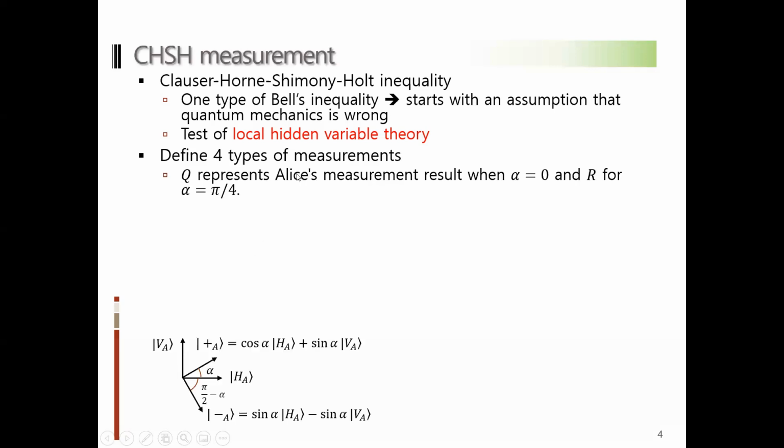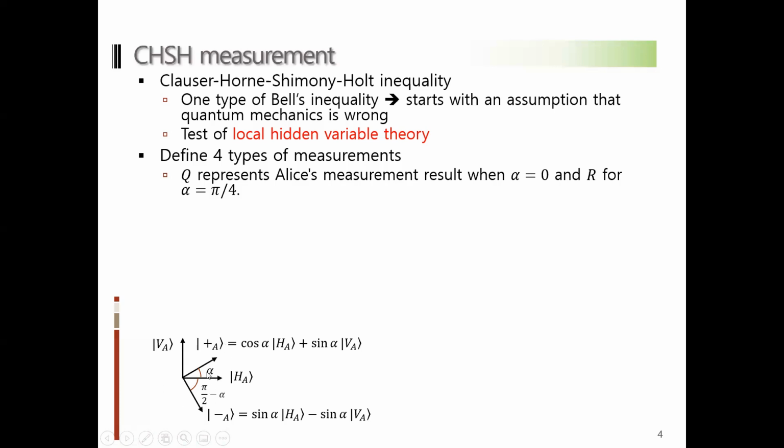As I mentioned, we will assume that Alice can measure either along the HV basis, or she can turn this angle and measure along the plus-minus, or 45-degree basis, and for the two cases, I can describe using this kind of definition.